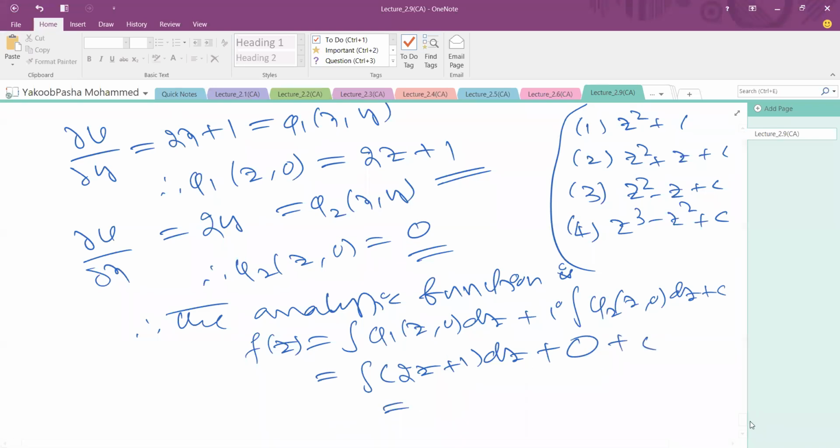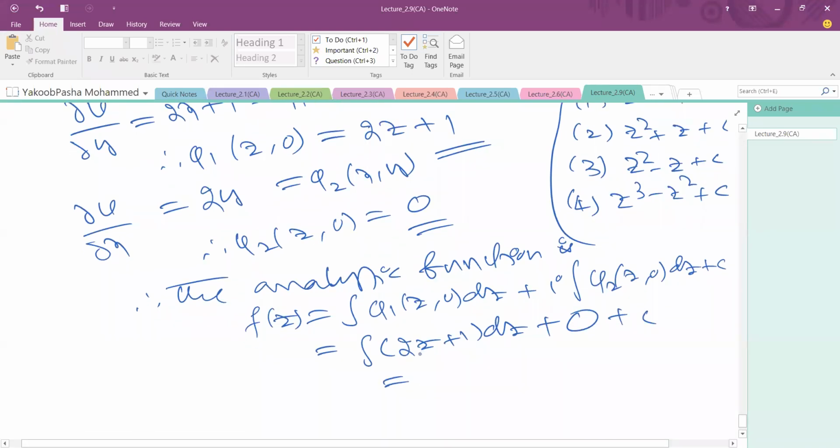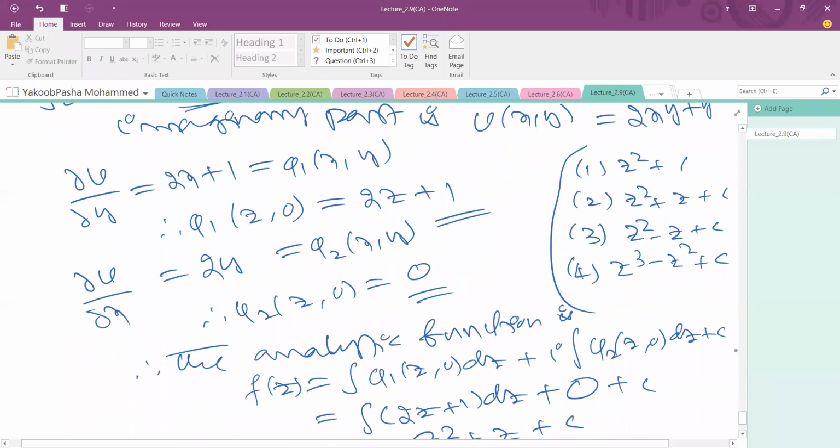This is equal to integration of 2z plus 1, that is z square plus z plus c. This is the corresponding analytic function. So the second option is the right option.